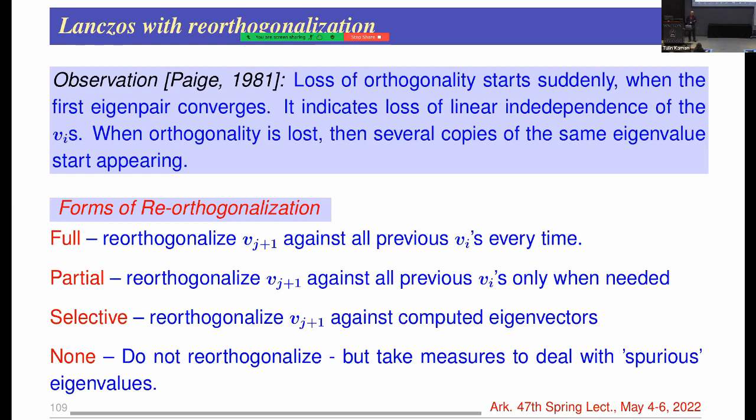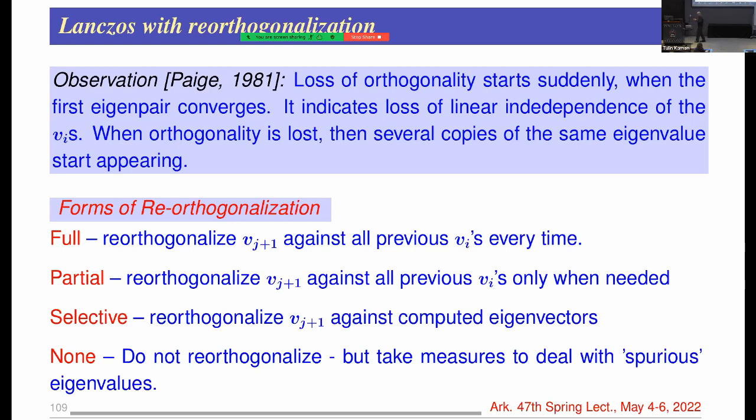It turns out that as soon as you have one eigenvector that starts to converge, you start losing linear independence. So the vectors of the basis become dependent. It's as if you're introducing more copies of eigenvectors, the first eigenvector, and then the second eigenvector.